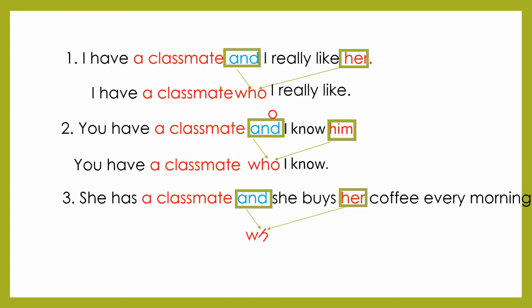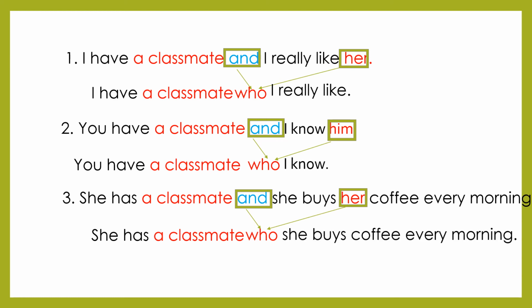And the rest of the sentence doesn't change, stays the same. You have a classmate who, and then next, you're right, I know. Yeah, you have a classmate who I know. Who is an object of know.